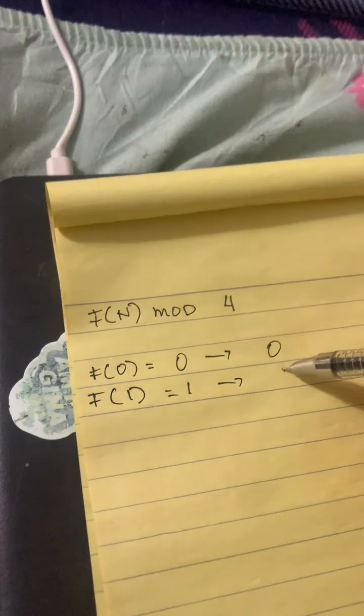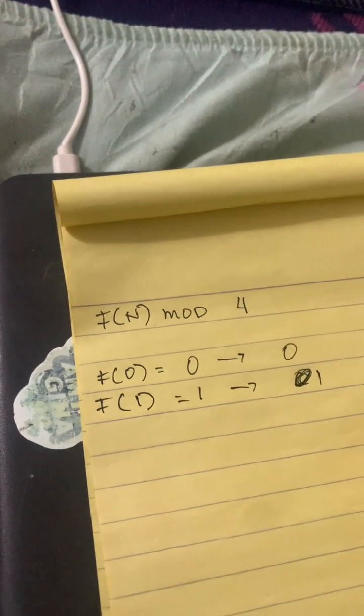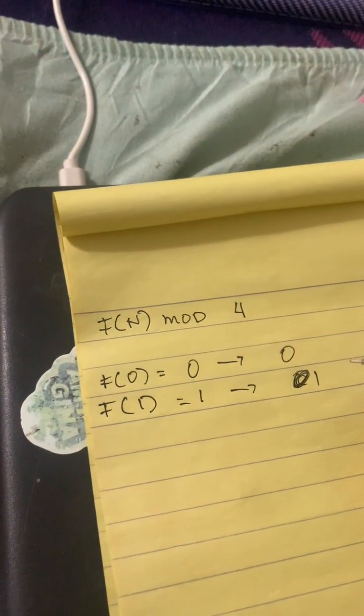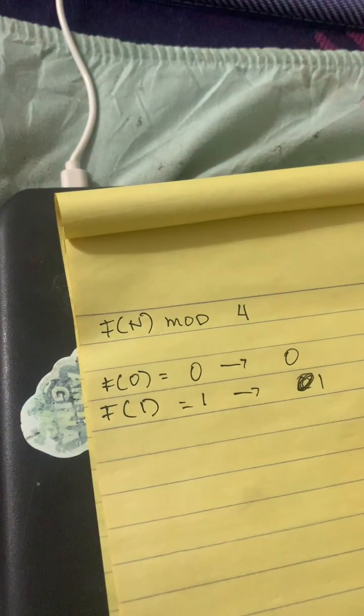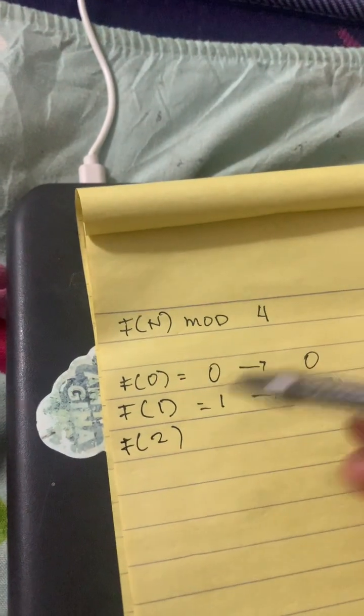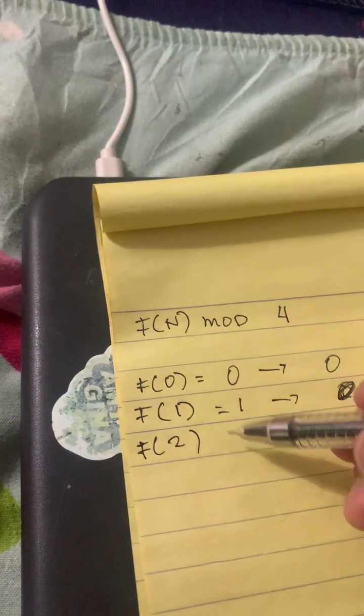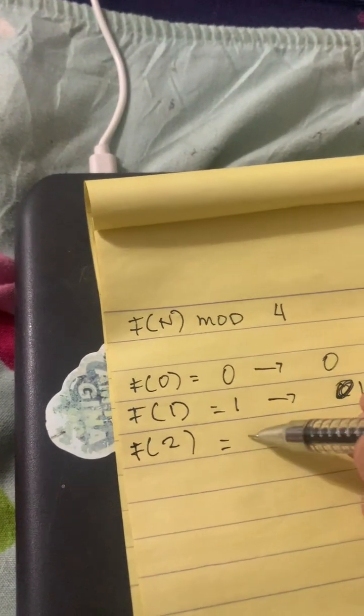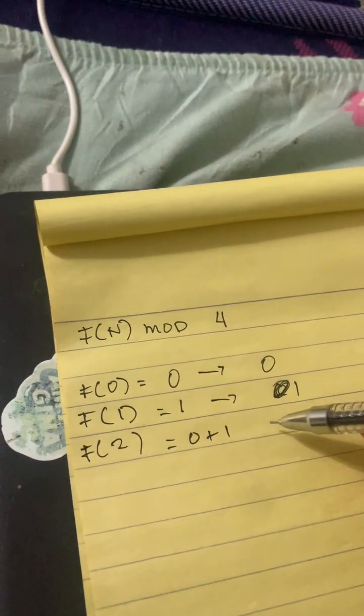We have two numbers here, and we must add these two numbers to get our sequence. So f sub 2 is equal to 0 plus 1, which is 1.